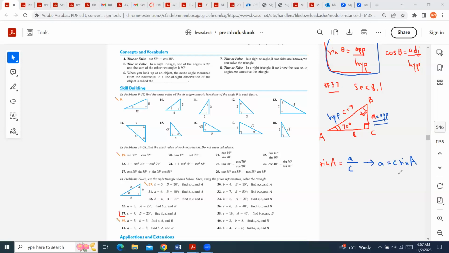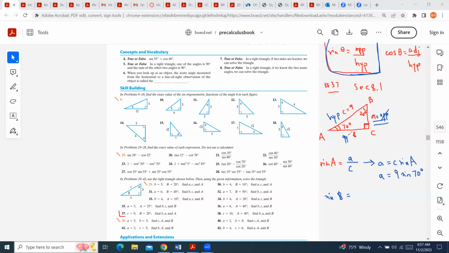So C is 9. And the sine of A will be a sine of 70 degrees. You don't really have to memorize any of these, but know what sine stands for. And analogously, I could utilize the formula for sine of B to find B. Because again, for the angle B, we have here the opposite side to it.